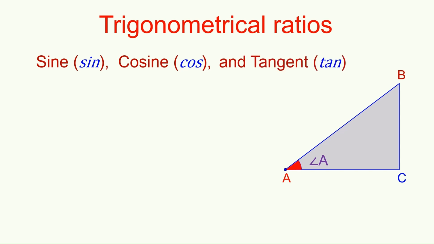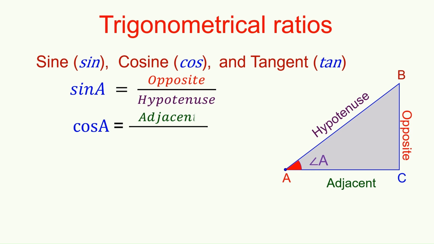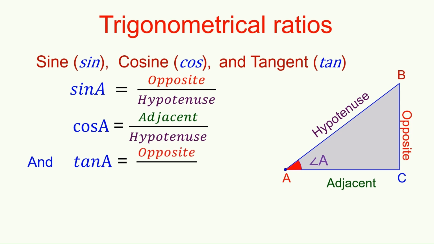In a right-angled triangle we have sides: the longest is the hypotenuse, and the other two are opposite and adjacent. So we define sine equals opposite divided by hypotenuse, cosine equals adjacent divided by hypotenuse, and tangent equals opposite divided by adjacent.